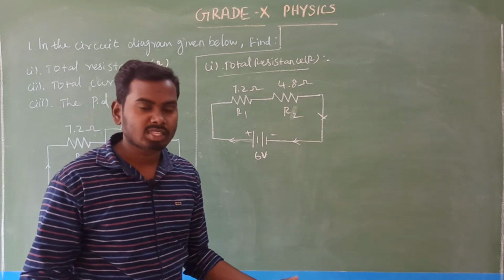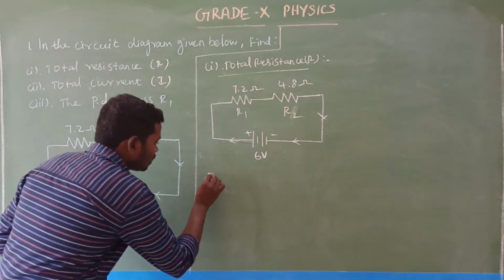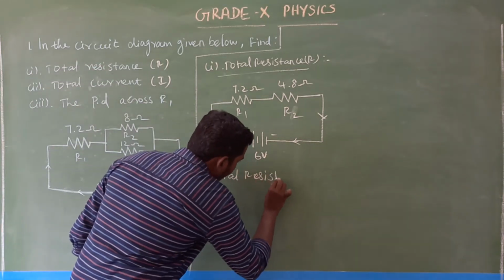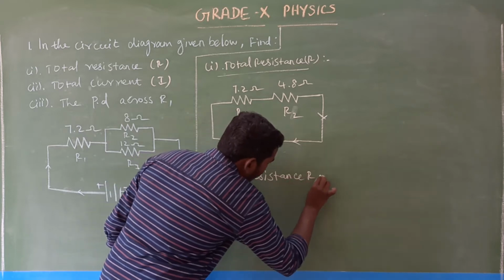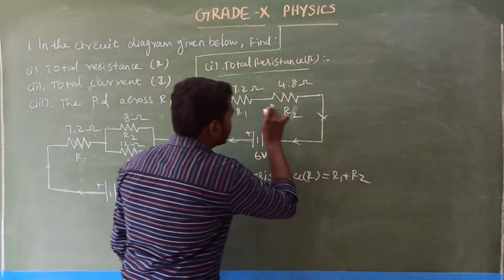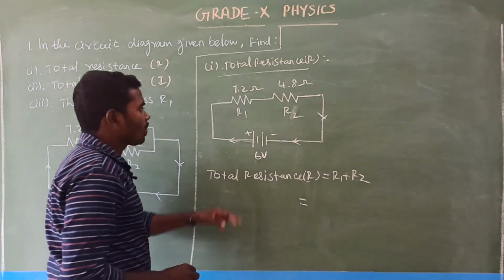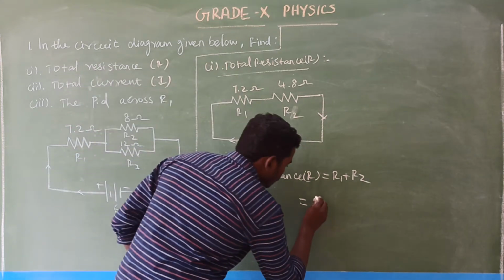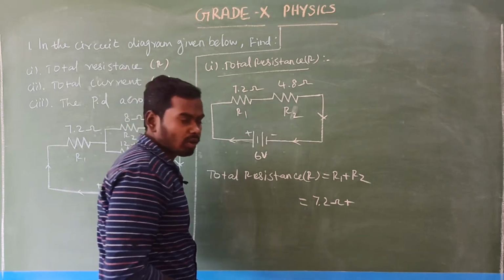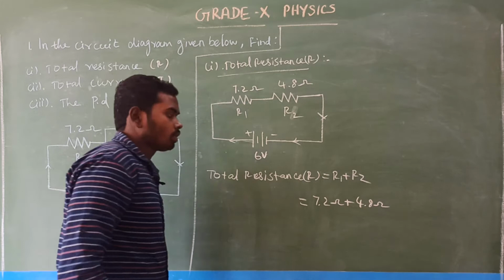Which means the total resistance R is equal to R1 plus R2, because we have just two resistors. R1 value is 7.2 ohm, plus R2 value, 4.8 ohm.